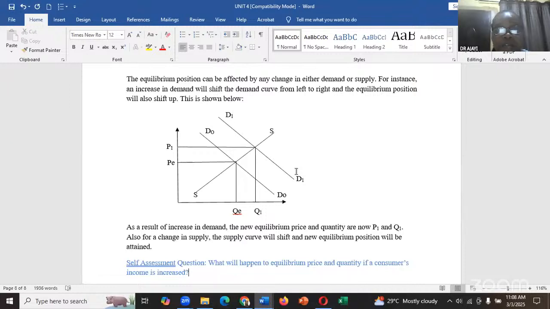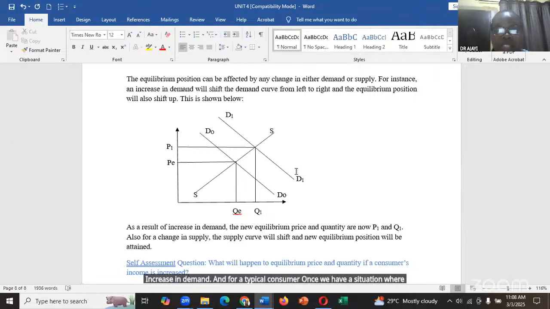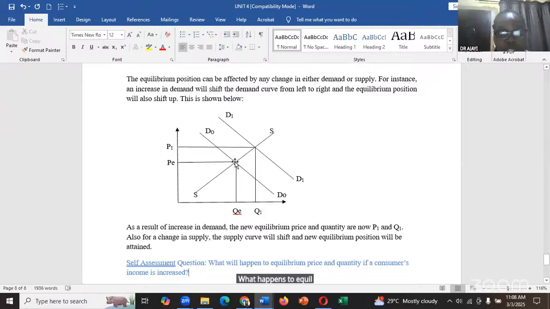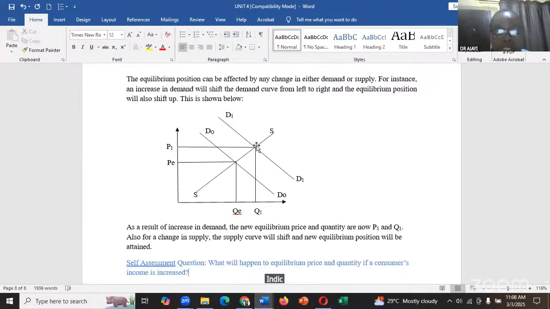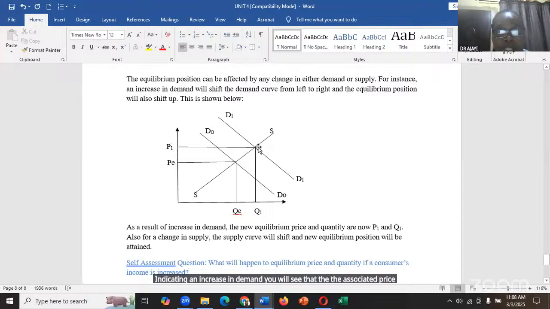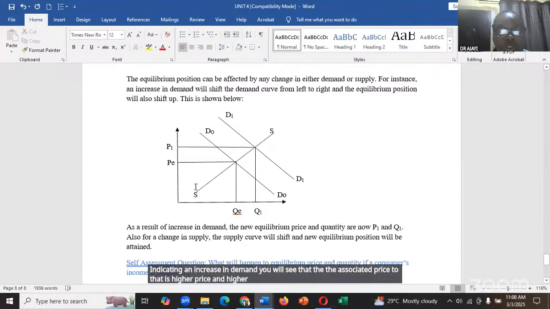For a typical consumer, once we have a situation where demand increases, people are demanding more. What happens to equilibrium from this initial position is that once we have a shift in the demand curve upward, indicating an increase in demand, you will see that the associated price is higher price and higher quantity. While the supply curve that slopes upward still remains the same, there is nothing like S0 and S1 here. The supply curve is only one, it remains the same.